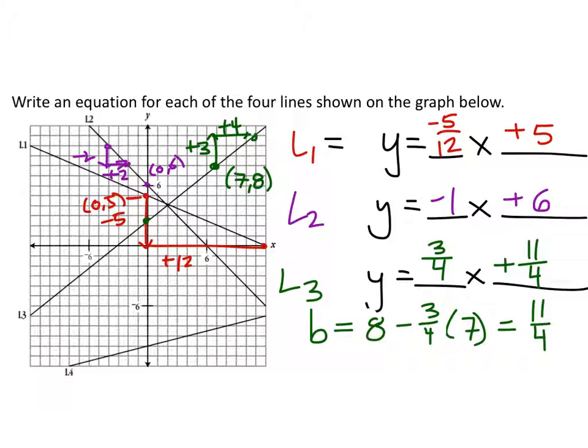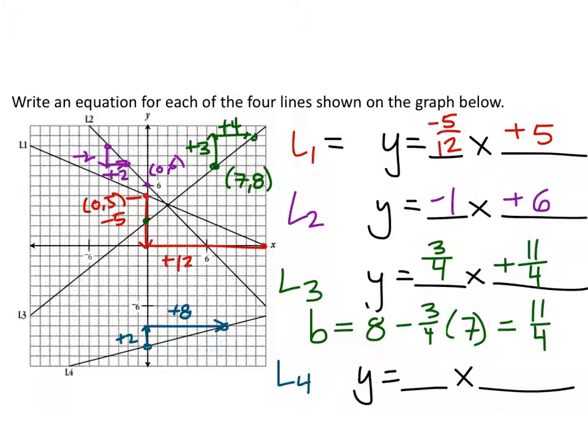Next up, line 4 right here at the bottom. To find the slope, I'll be using this point here, and this one. This goes up 2, and then appears to the right 8.